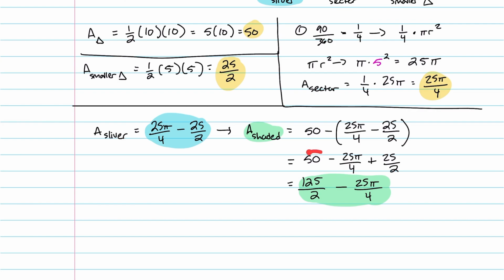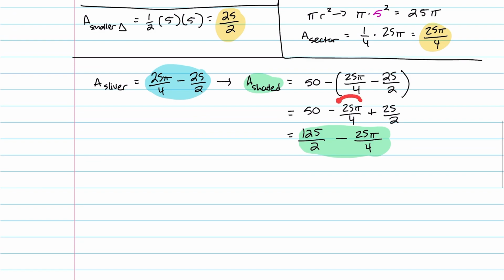If 50 and this number are over the same denominator, I can add those numerators together. So I want to go ahead and do that. I don't bother with this because even if I did make it the same denominator, I couldn't subtract it from whatever number I would get here anyway. So I leave it alone. And so this is what my area would be in exact form.